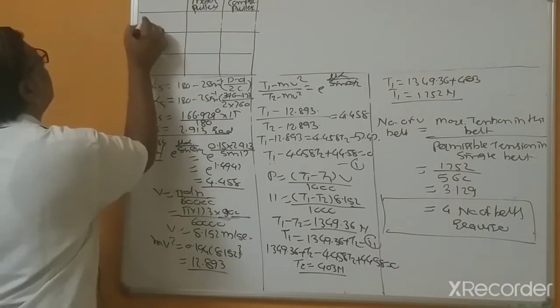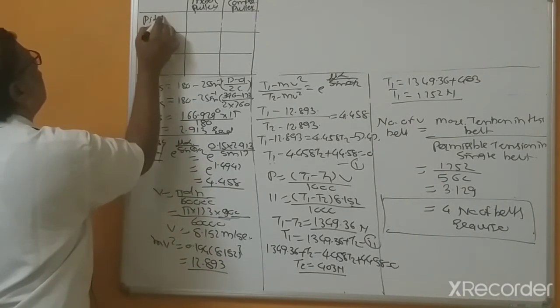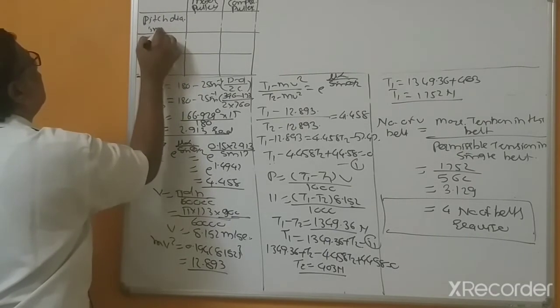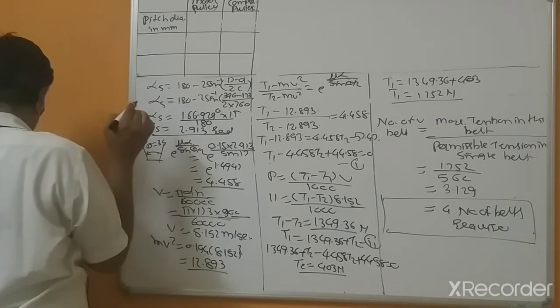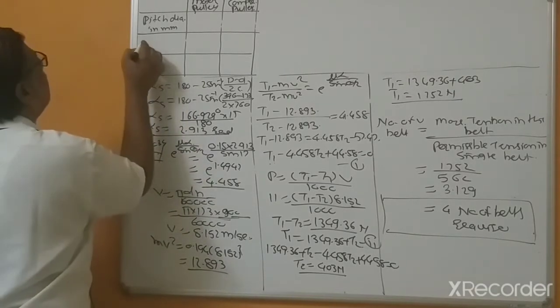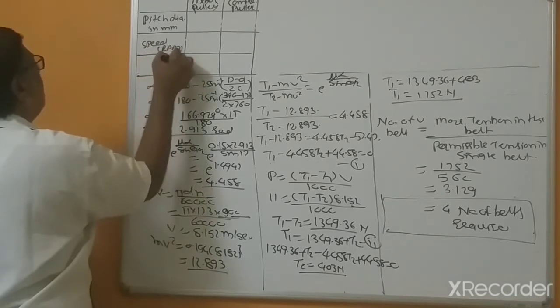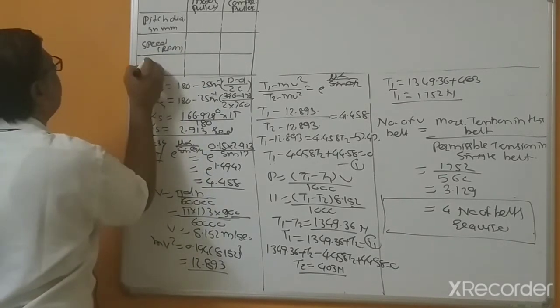Pitch diameter in mm, speed in RPM, and coefficient of friction.